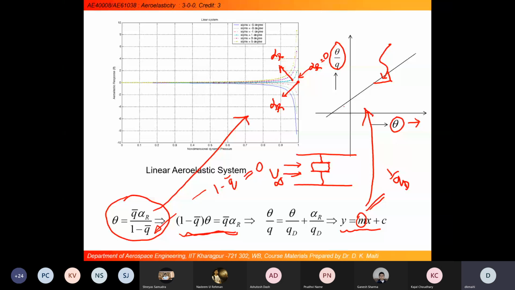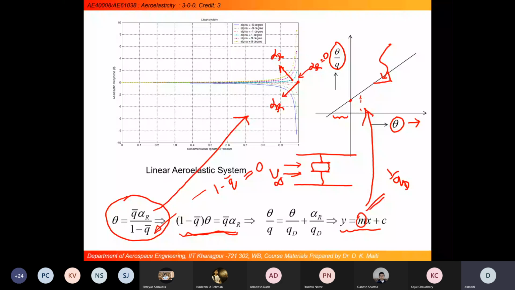We increase the speed again. Obviously, what I am describing is perfectly linear points, but from the experiment we will not get perfectly linear points. We will get scattered points, but we draw a straight line through them, and the slope of that line can be measured from this graphical representation.